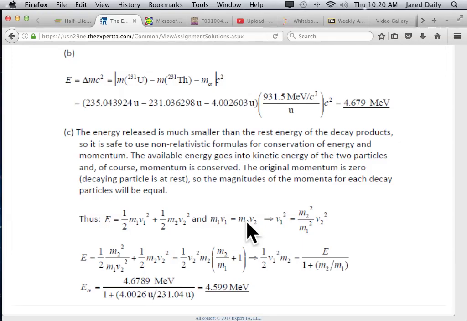Since the momentums have to be equal, you solve the momentum equation first for the velocity, and then you plug that into the energy equation, and you get this equation, which gets a little bit messy. But in the end, you're just plugging in the energies and the masses, the total energy and the two masses, to calculate the energy of the output.